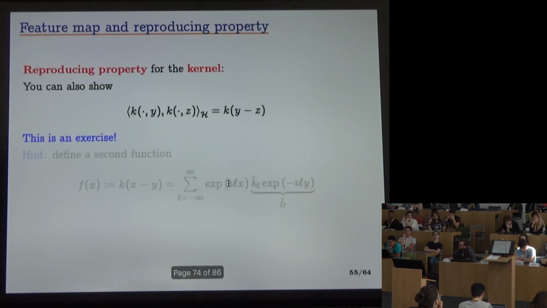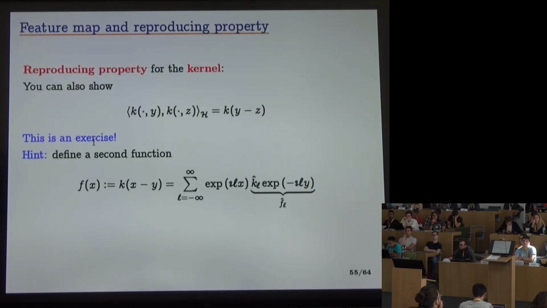Okay. In particular, if I take the k dot y and k dot z, I will recover k of y minus z. This is something you can do this evening on your own. It's a nice exercise, and I really encourage you to do it because you'll understand better how this works. What you want to do is define a second function with y, which is f hat L, which contains y and this thing here.